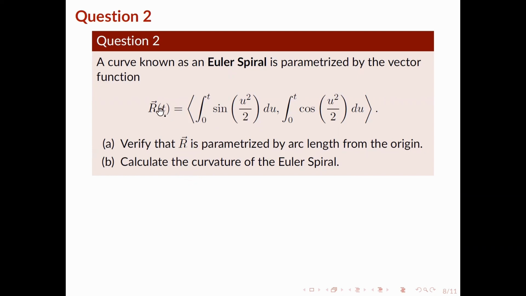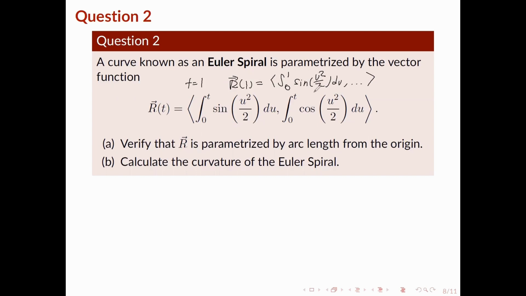First, let me comment that r is a function of t, and over here, the components are also functions of t. It might be a bit hard to see that, but for example, if t were equal to 1, then r of 1 would be equal to the integral from 0 to 1 of sine of u squared over 2 du, and similarly for the other component.